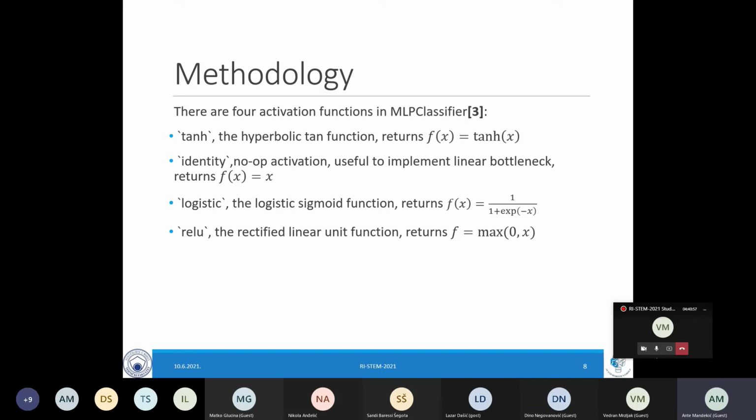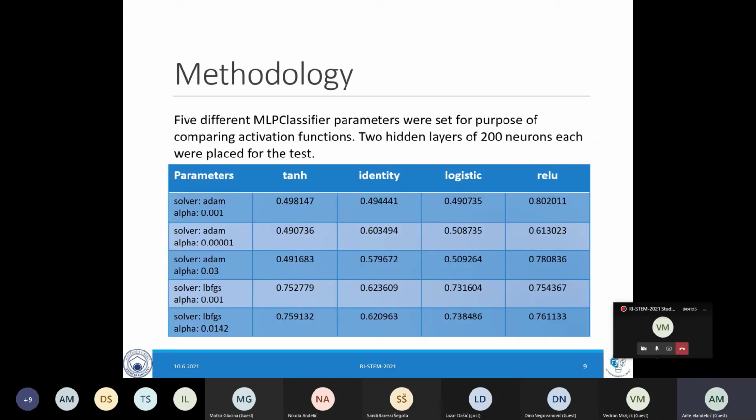First, we compared 4 different activation functions in the MLP classifier to find out if one of them gives the best results. The 4 activation functions are tanh, identity, logistic, and ReLU. For the purpose of comparing all 4 activation functions, we used a hidden layer of 200 neurons each. In the table, you can see that we used 5 different MLP classifier parameters.